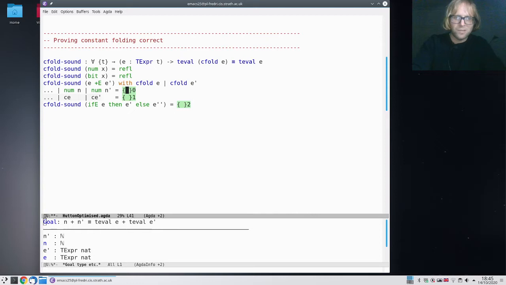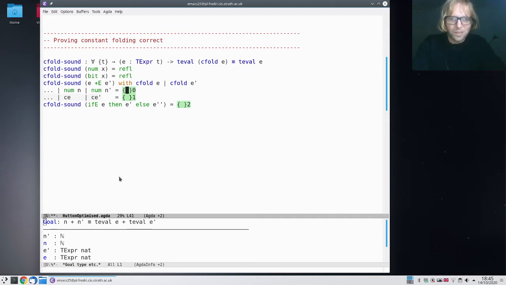Okay, so if they are both numbers, then this left hand side has just evaluated to the numbers themselves, whereas the right hand side has actually evaluated to the same, right?